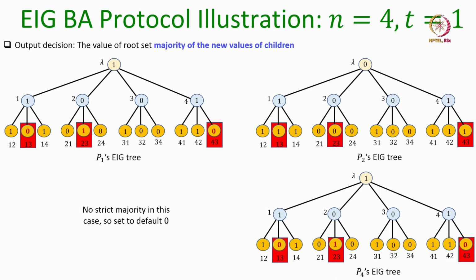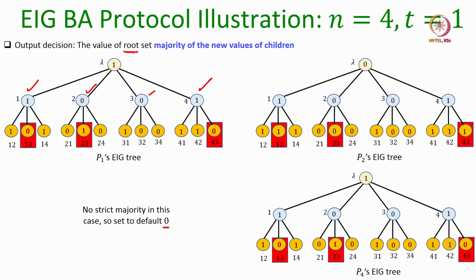Now, we go to the root node and follow this majority rule. So, if we take P1's tree, what are the new values for the children? 1 0 0 1, and there is no majority here, 1 is occurring twice, 0 is occurring twice. So, no majority.